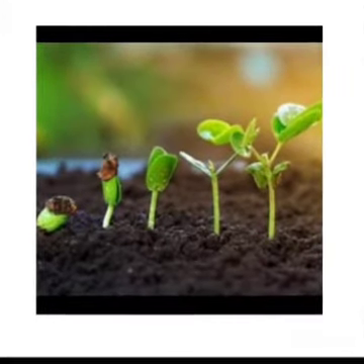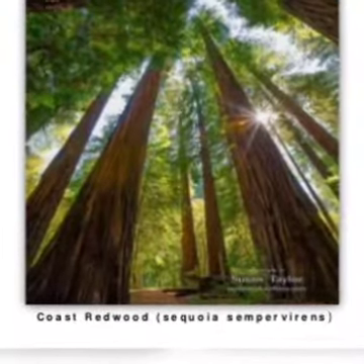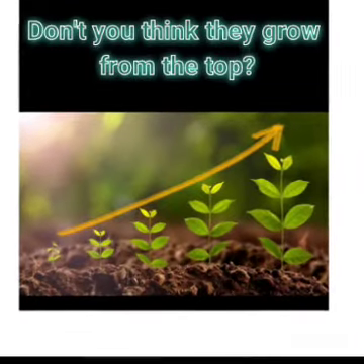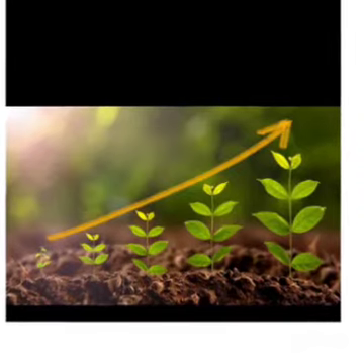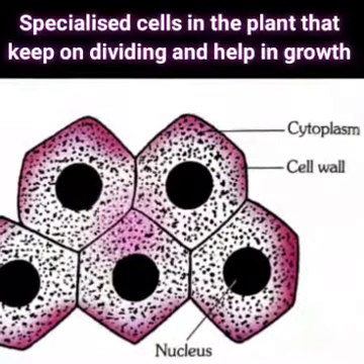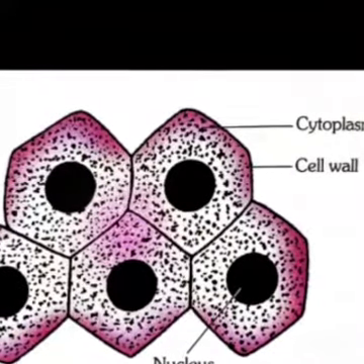Have you seen plants grow from small saplings to bigger plants and then trees? Don't you think they generally grow from the top? Yes, they do. There are some specialized cells in plants that keep on dividing and help in the growth of the plant.